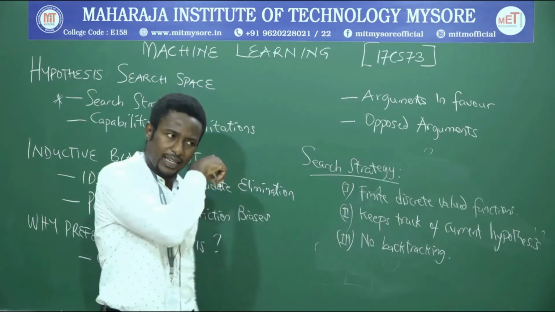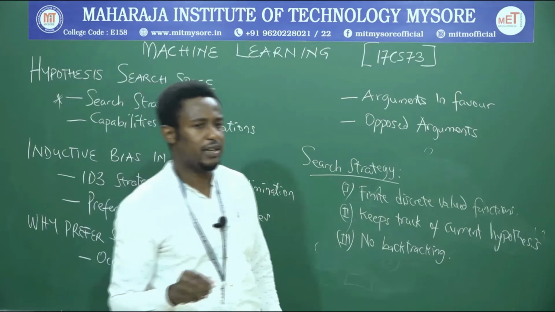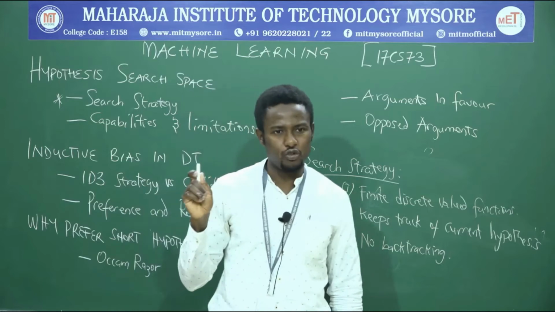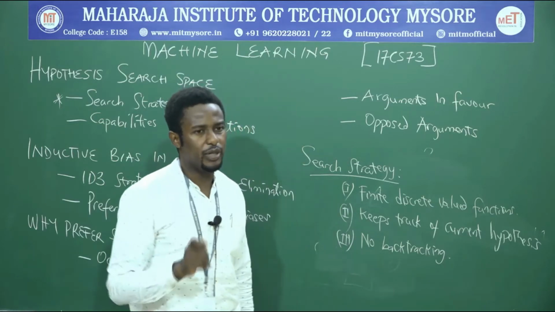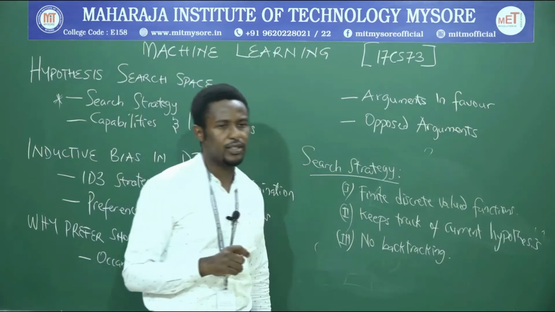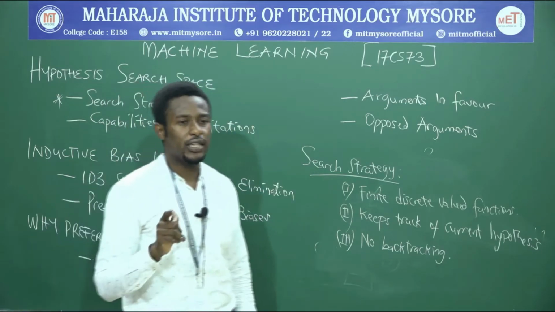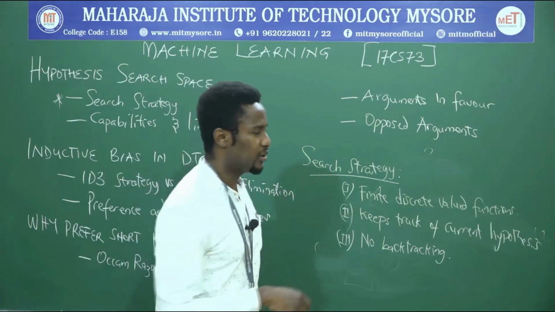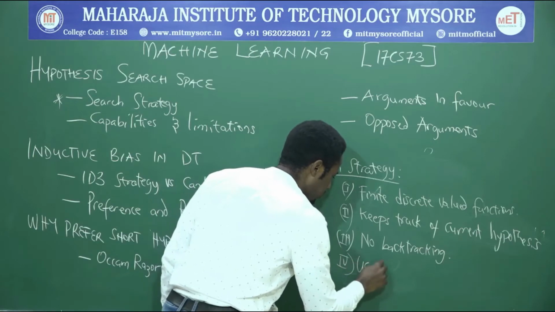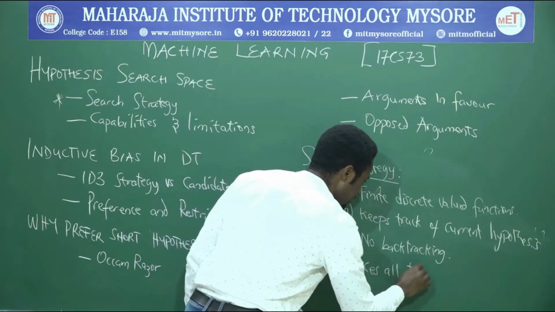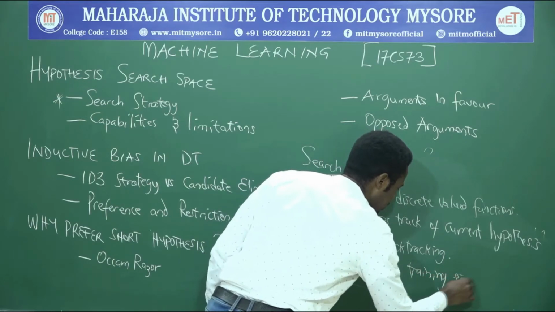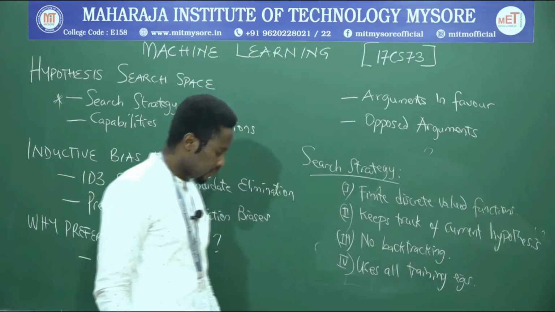Remember again that ID3 uses all training examples at each step in the search space to make statistically based decisions regarding how to form the current hypothesis. So the fourth point: it uses all training examples.